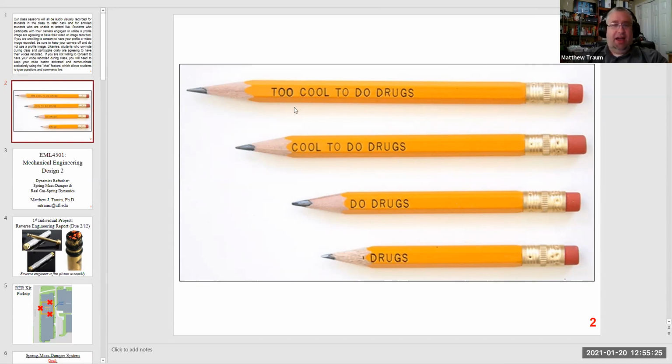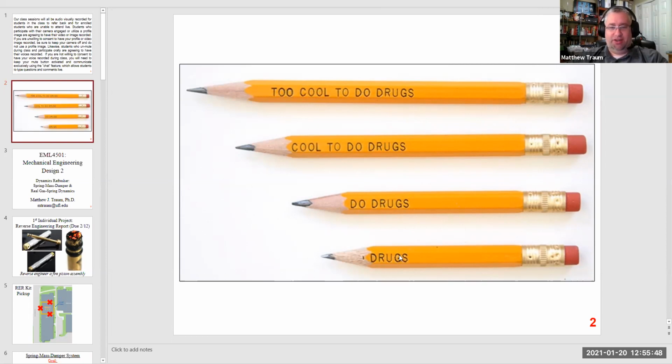At school, of course, all of the kids who were trying to be funny would get a hold of these pencils and intentionally sharpen them down to the point where they said something other than "too cool to do drugs." I remember when I was a kid, the greatest thing to have running around school was a pencil that had just the word "drugs" on it.